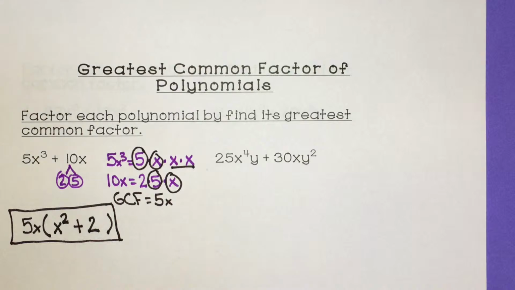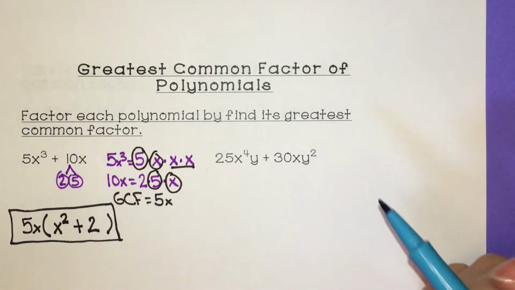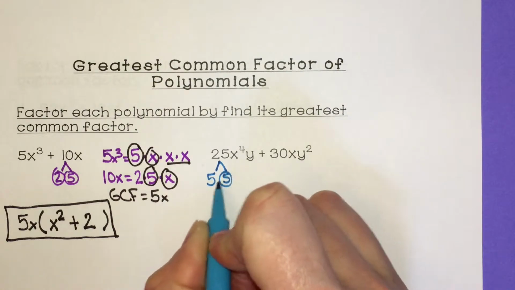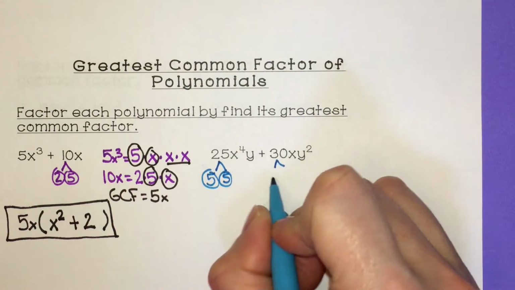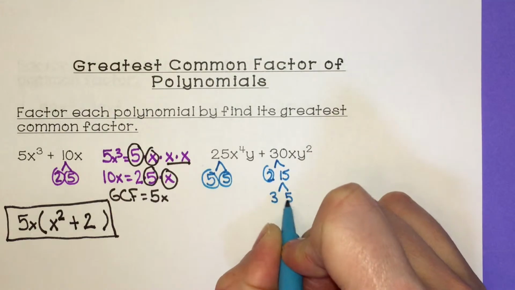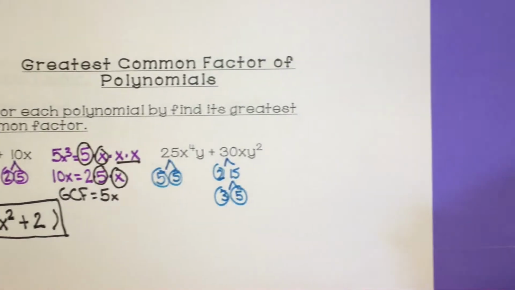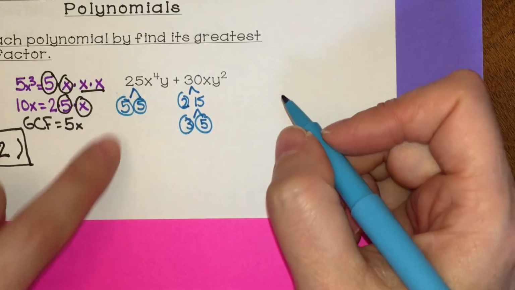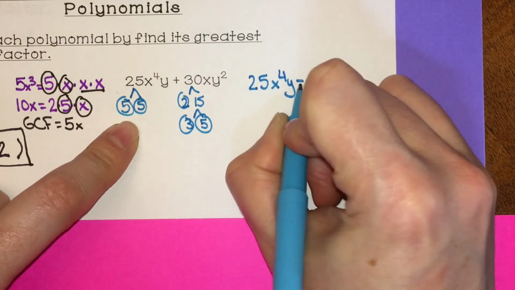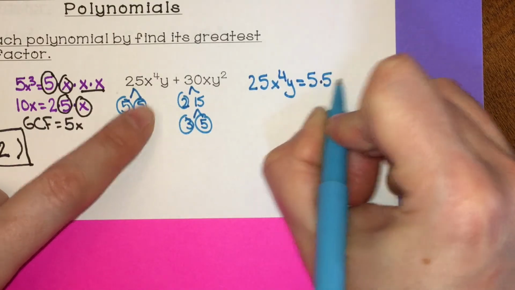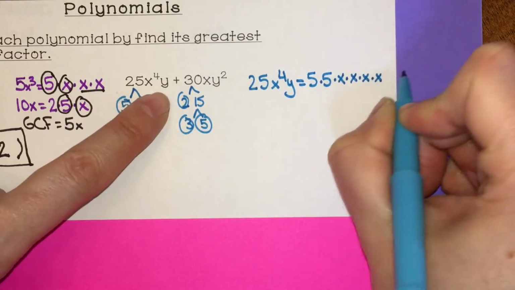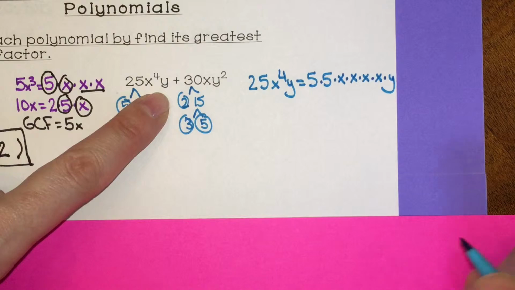All right, so I'm just going to find the greatest common factor of each. 25 breaks down to 5 times 5. 30 breaks down to 2 times 15, which is 3 times 5. So I'm going to find the greatest common factor. 25x to the 4th y is 5 times 5 times x times x times x times x times y.